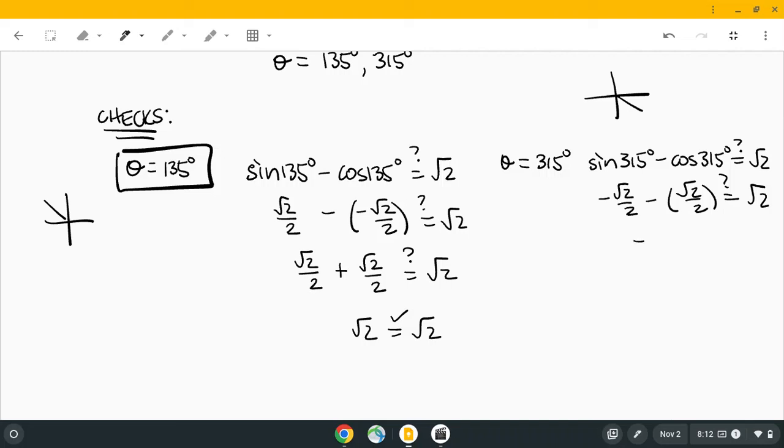Here we get negative square root 2. So no, they are not equal. This one is not a solution. This one is.